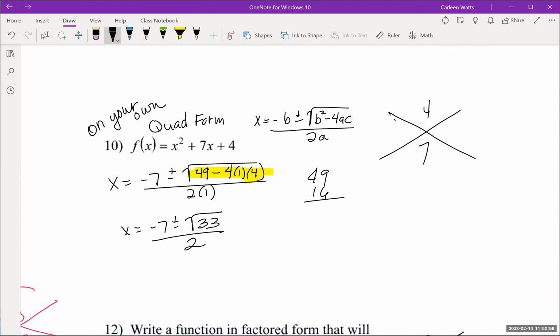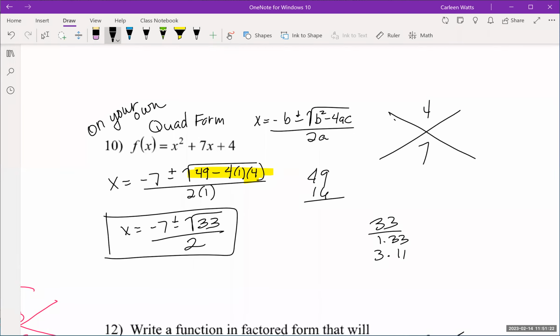Does 33 have a factor that is a perfect square that we can split? Nah, 33 is 1 times 33, 3 times 11. No perfect squares. Ya es todo. That's it.